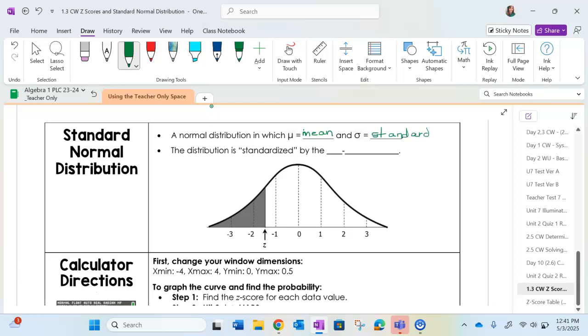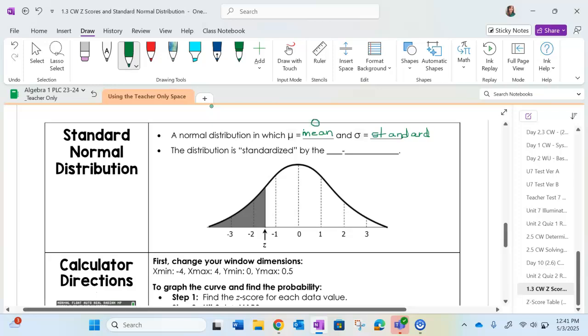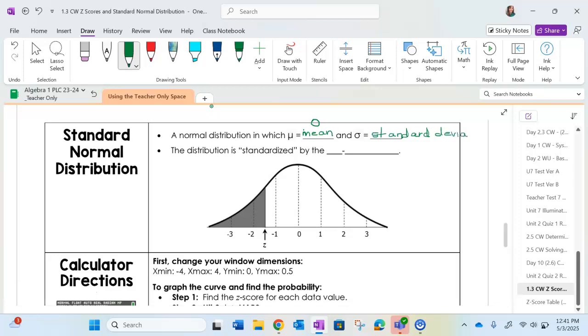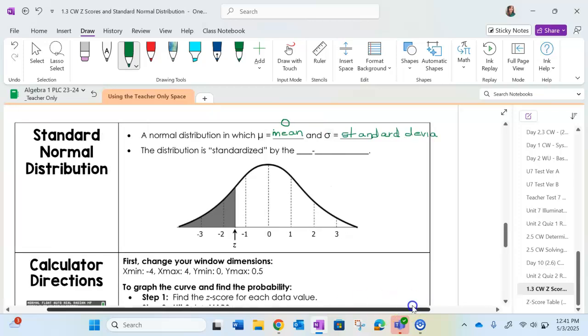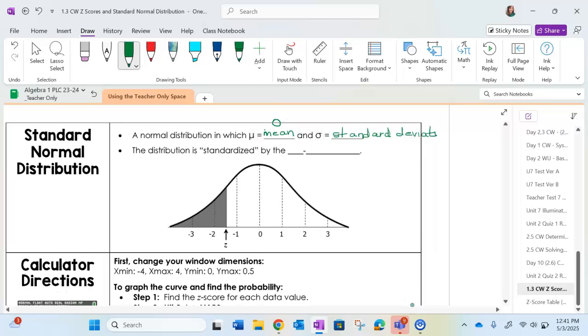And I think they're wanting us to say that the mean is 0 and the standard deviation, I'm going to write this down. Hold on. My thing is behaving very strangely, is 1. Okay? The distribution is standardized by the z-score.